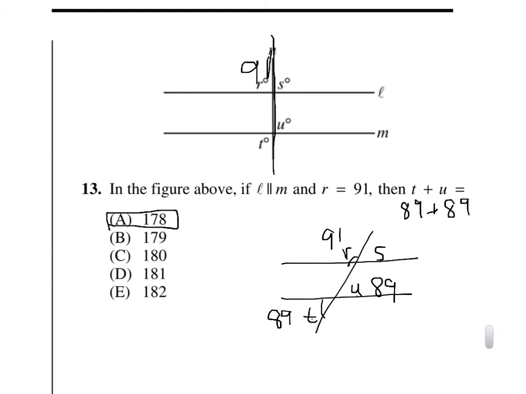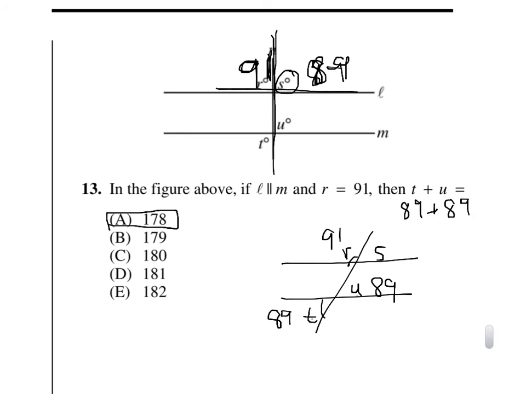What's another way we could do this? Well, we could also see right away that S is 89, because we have 91, and then we have a straight line that's 180. 91 and 89 add up to 180.